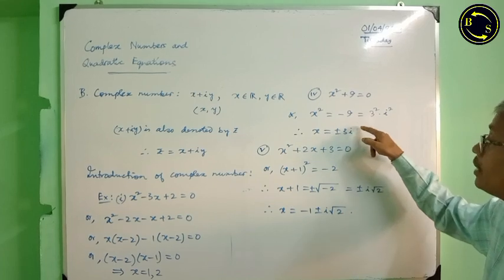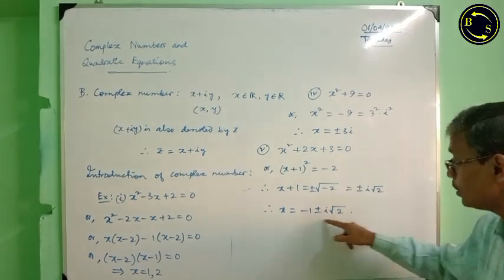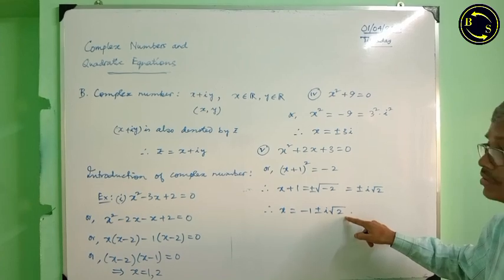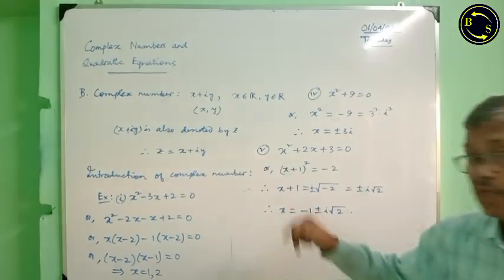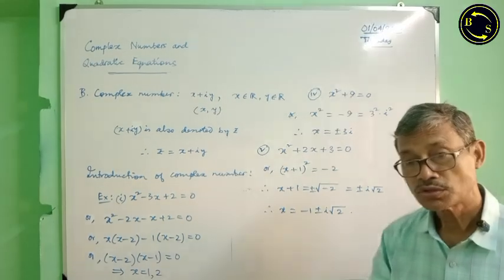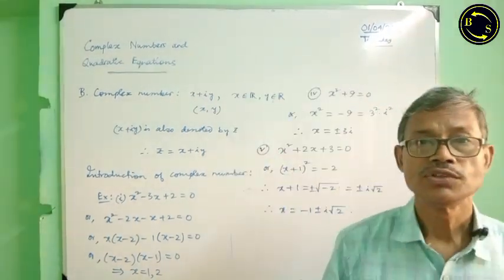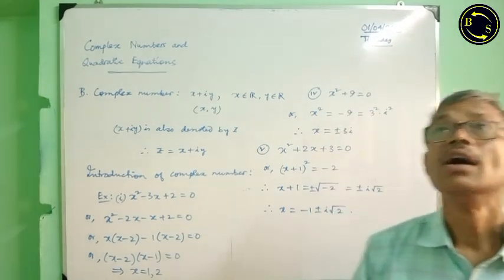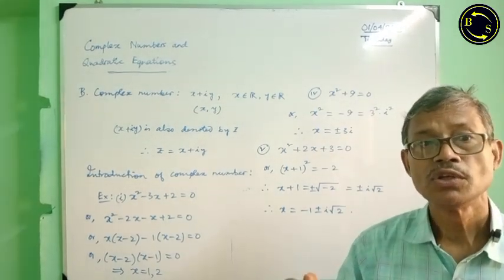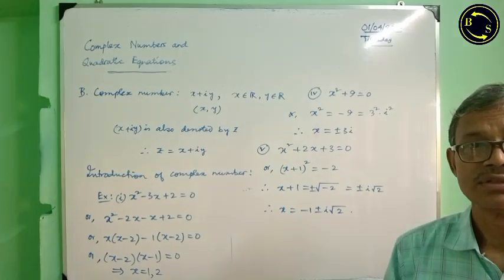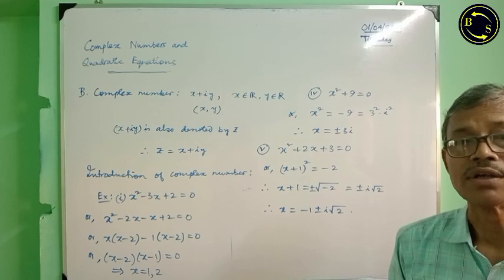Since i is there, this is imaginary and this is complex of the form x plus iy. Therefore, for solving a quadratic equation of general form, we must have the idea of the square root of a negative number. In such cases, imaginary numbers occur.